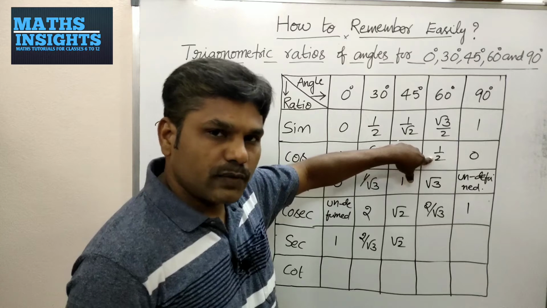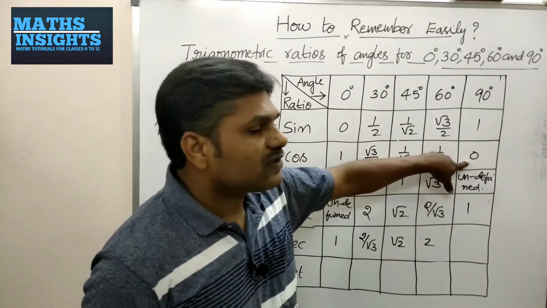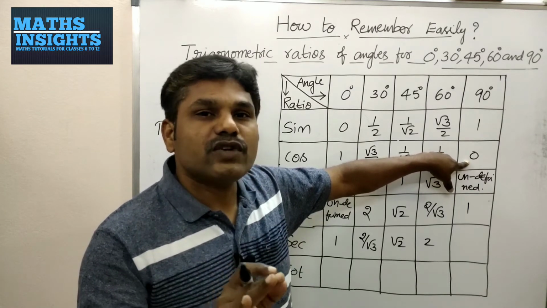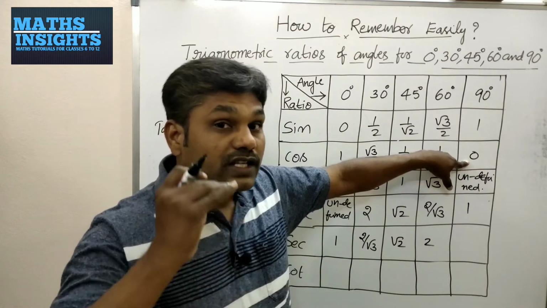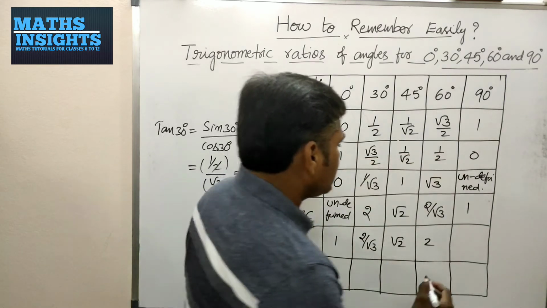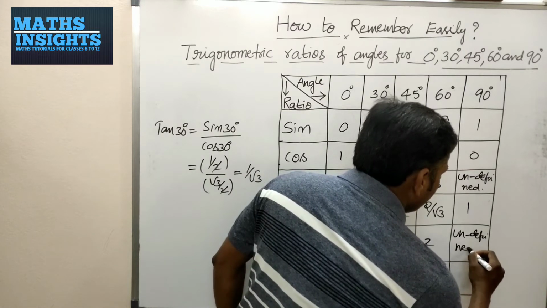Then 1 by 1 by 2 is 2, and 1 by 0 again. You have to be careful here. 1 by 0 is undefined, not 0. 0 by anything is 0. So 1 by 0 is undefined; you cannot find this value.